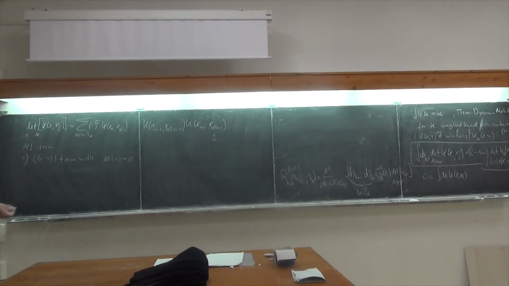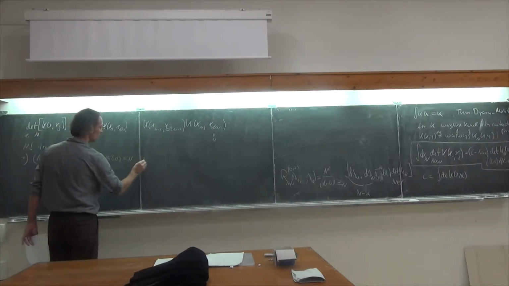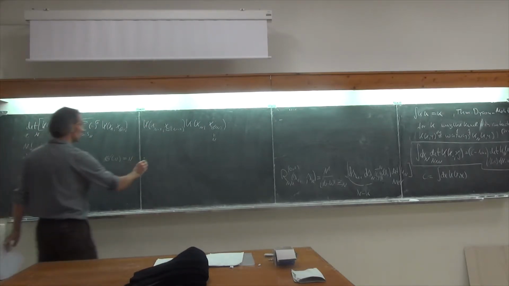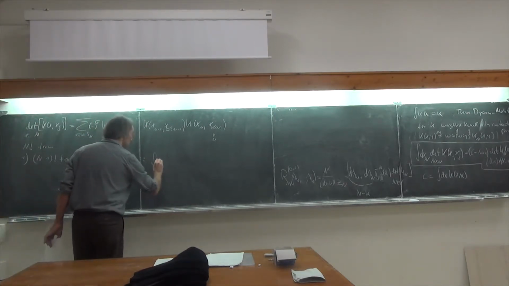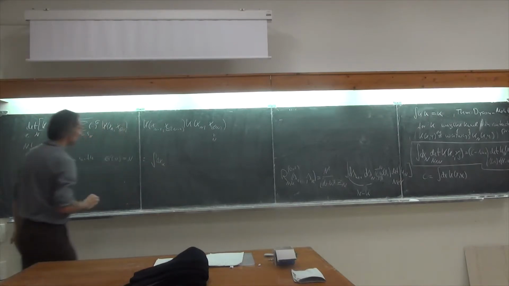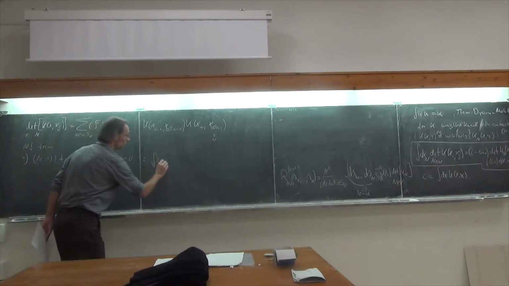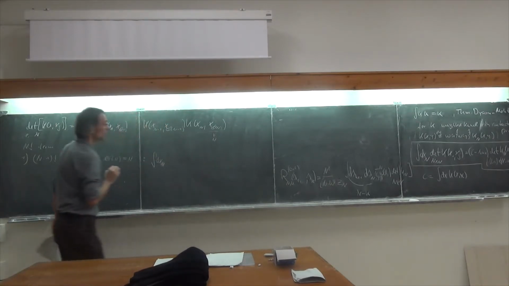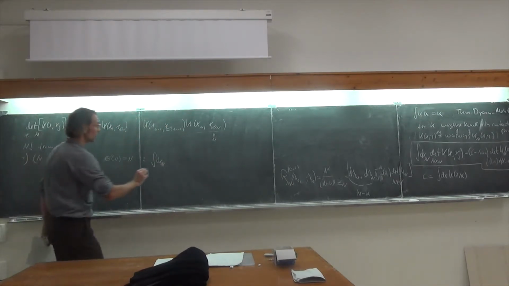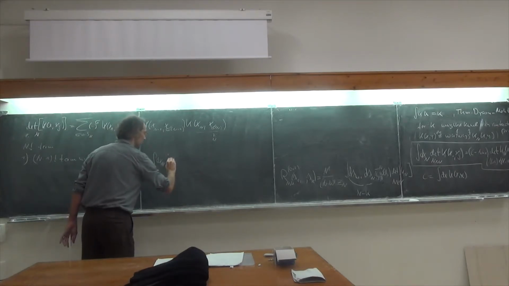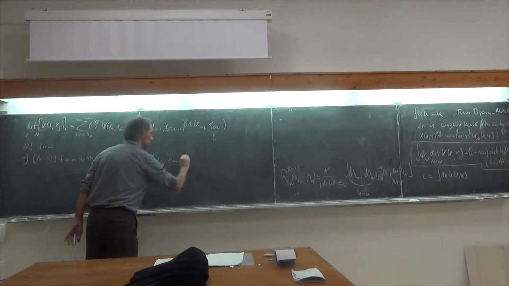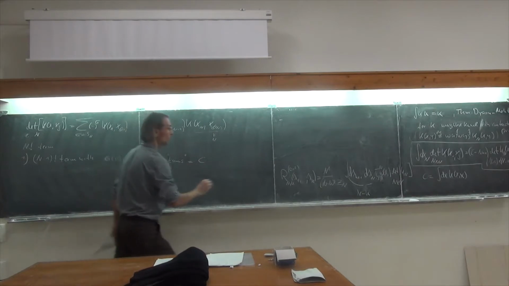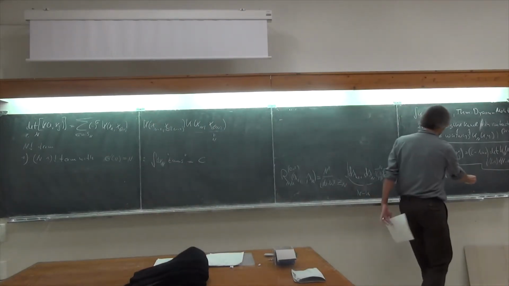Now for these terms, it's very easy to integrate the determinant of the kernel. We can pull the integral through, it will only see this term. This will give a constant c because of this normalization.